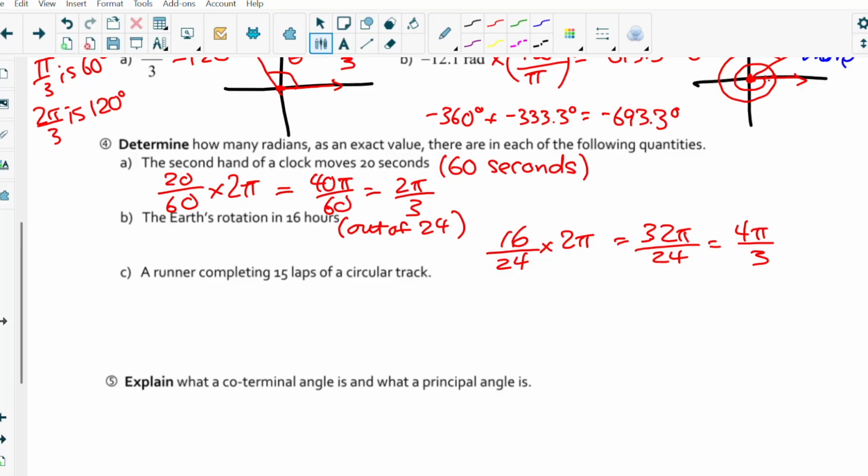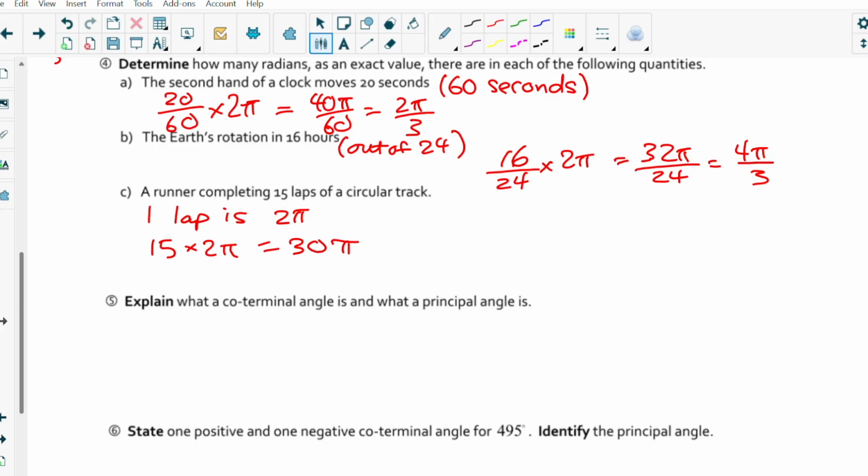A runner completing 15 laps of a circular track. One lap is 2 pi radians, so 15 laps is 30 pi radians.